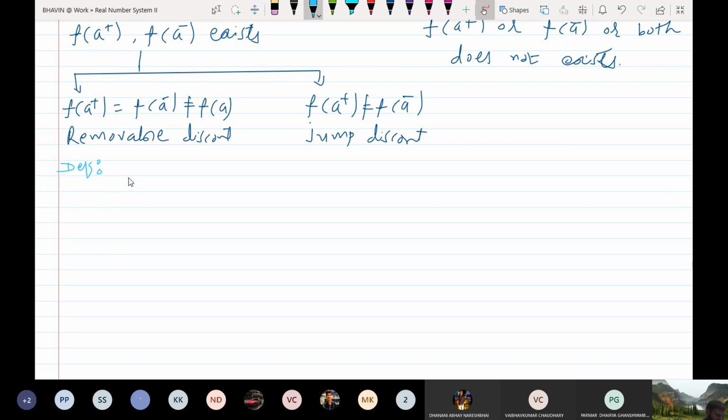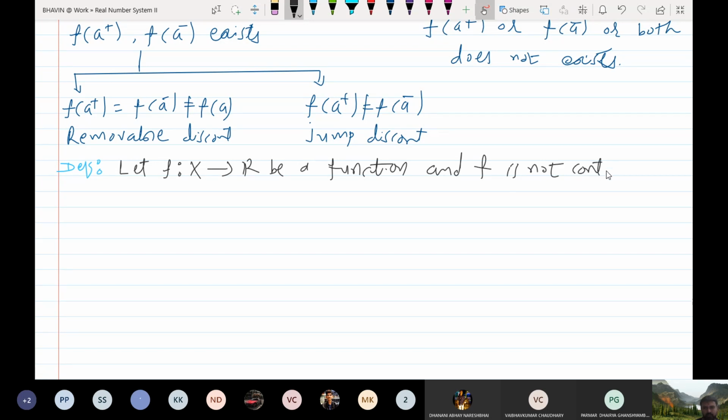First, let f from X to R be a function, and let us assume that f is not continuous at a. First define removable discontinuity.